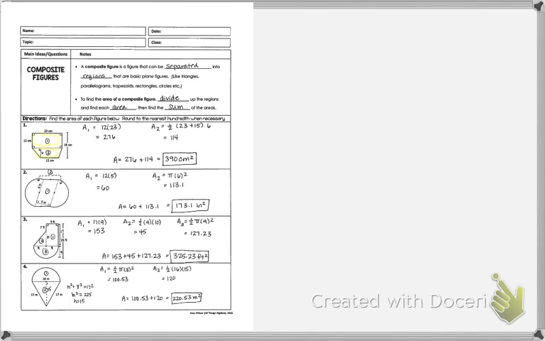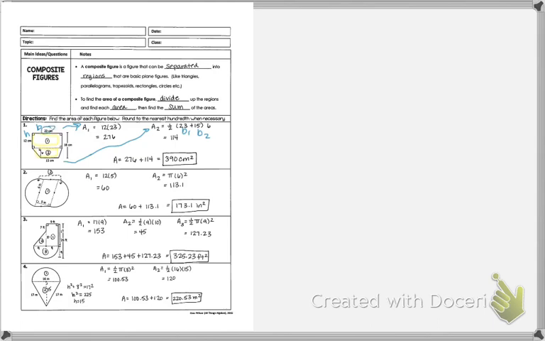You get the list of all those formulas. Rectangle is just base times height, so you can go with base and height. This is the rectangle right here. And the trapezoid is right there. That's 1/2 base 1, base 2.